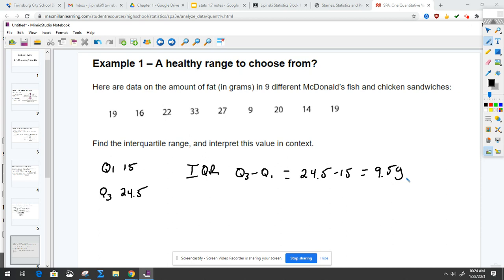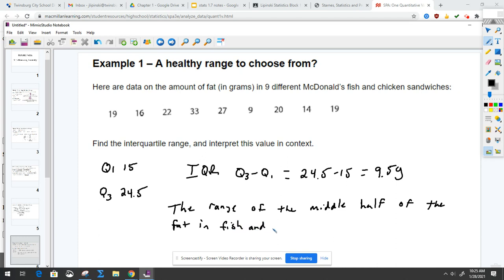So now when we analyze this, we would say the range of the middle half, and you could also say the middle 50%, the middle half of the fat in fish and chicken sandwiches, is 9.5 grams.